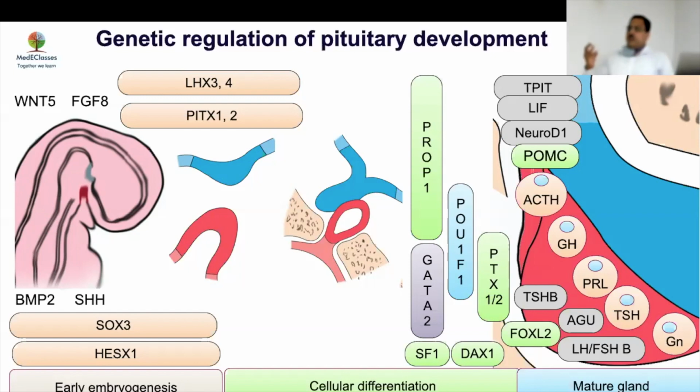If you have got GH, prolactin, TSH along with ACTH and gonadotrophin, think of Prop1. If you have got GH, prolactin, TSH, think of POU1F1. If you have got a predominant adrenal involvement along with abnormality in gonadotrophin, think of DAX1 or SF1. Just central adrenal involvement is TPIT. So this is what the whole genetic part is.